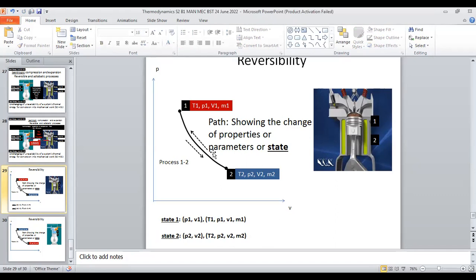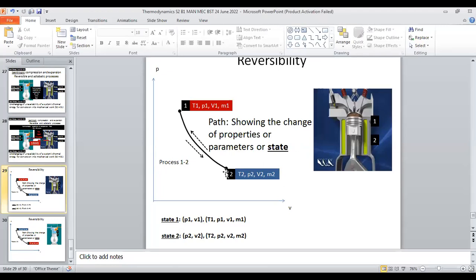And for the reversibility, it is very important. It's a practical point of view. For the reversibility, this M1 is M2. Okay, it's showing the change of properties or reversibility.